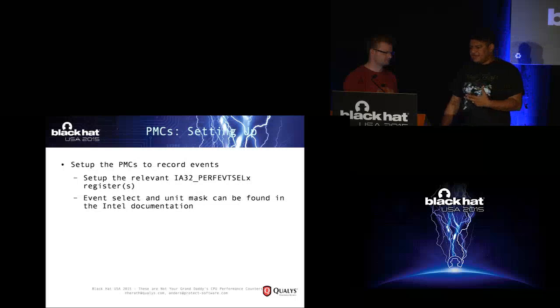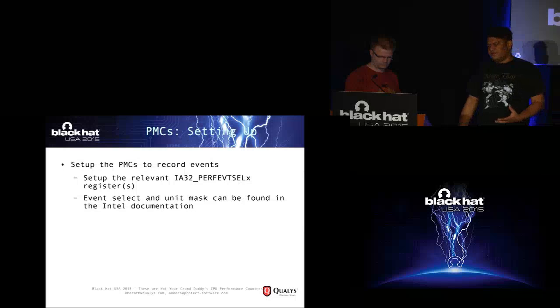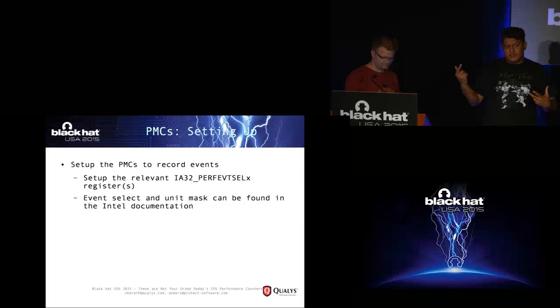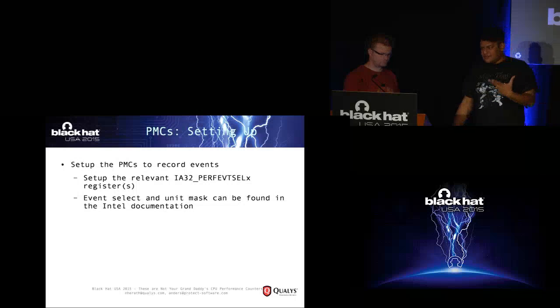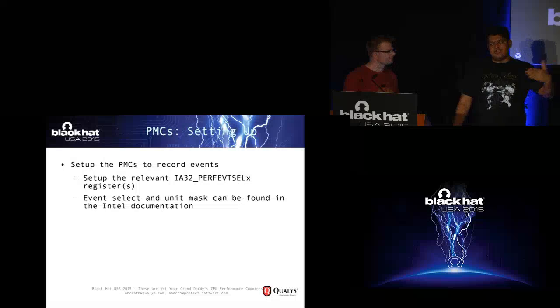You have what is called an event select and unit mask, and this is all documented in the Intel documentation. For each event, you figure out what UMask you want and what the event select event ID is, and then you set it up, and that's how you set up the PMC to detect the event that you want.